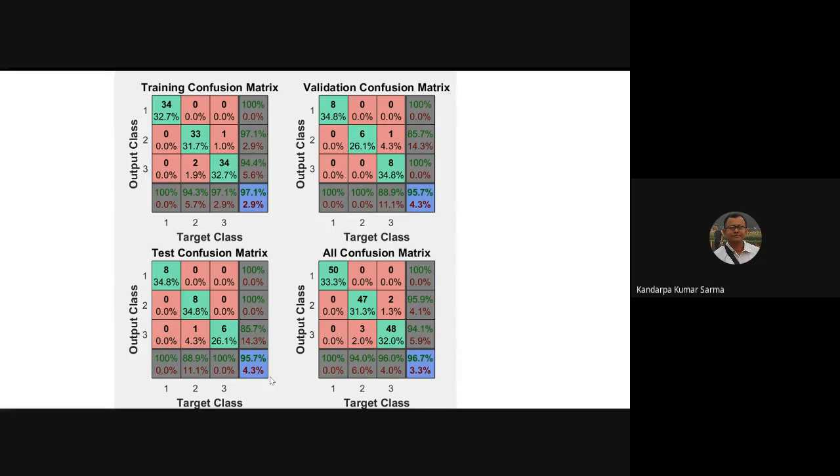The testing time performance is 95.7%, and all confusion metrics combined together for the target classes gives a performance count of 96.7%. So this gives us a clear depiction of the performance generated by the trained network that is configured specially for a particular pattern recognition problem.